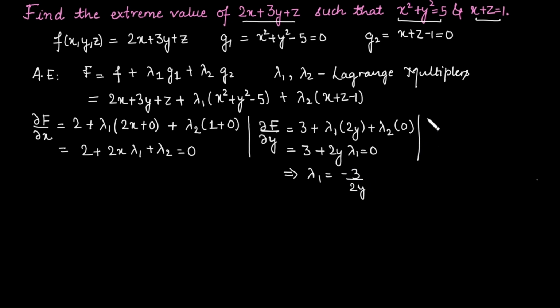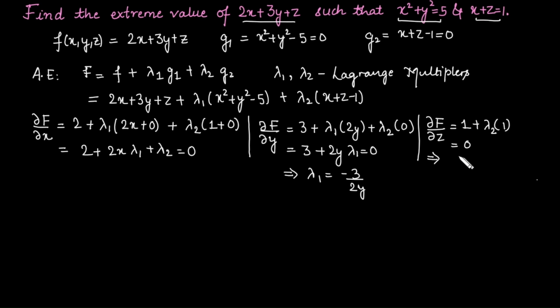Similarly, calculate the partial derivative of the function with respect to z. Its derivative with respect to z is 1, plus lambda 1 times 0, plus lambda 2 times its derivative with respect to z, which is 1. Put it equal to 0.